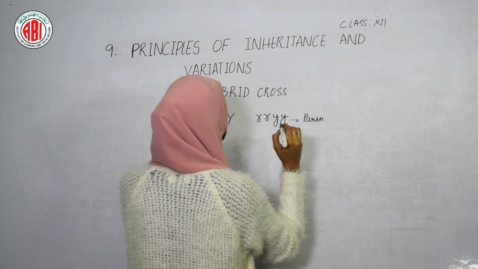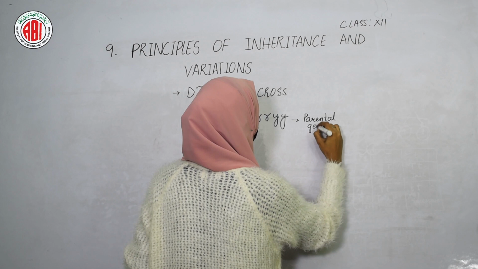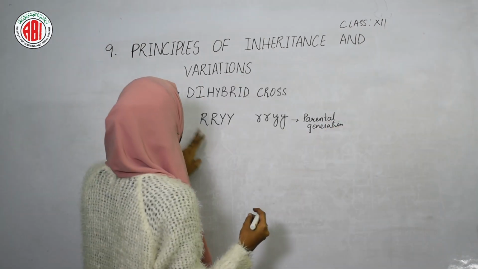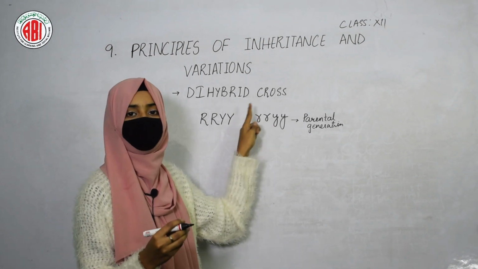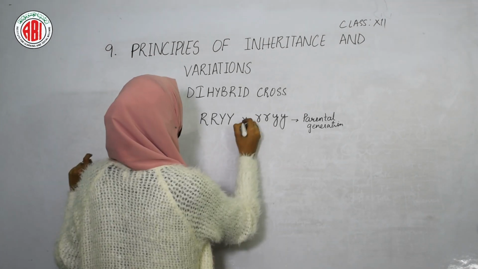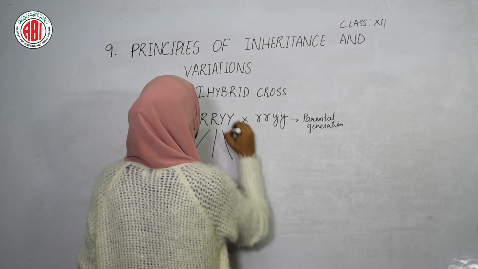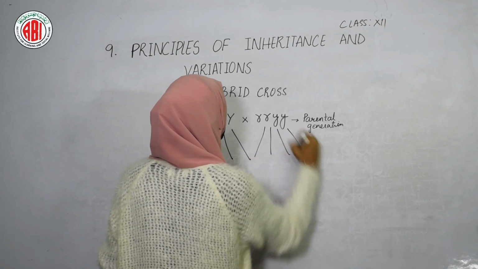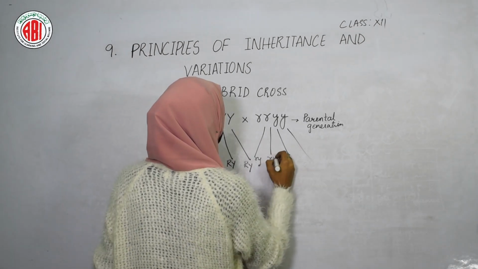The genes that show these pure lines are taken as the parental generation. Round and yellow are the dominant characters over the wrinkled and green. So, when the cross takes place, 4 gametes are formed here. From here also 4 gametes are formed, that are round and yellow, wrinkled and green.